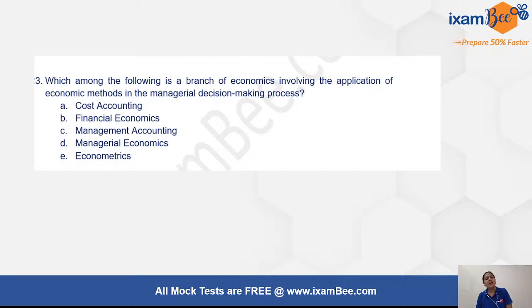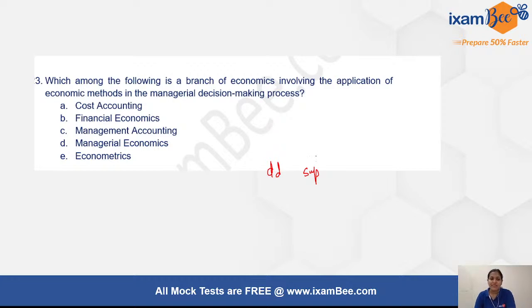Okay, so when the management has to take various decisions, they are applying economic concepts, for example, demand and supply. In the demand and supply aspect, if we are understanding the elasticity of demand and using that concept to take some managerial decision, then that branch of economics is known as, right?